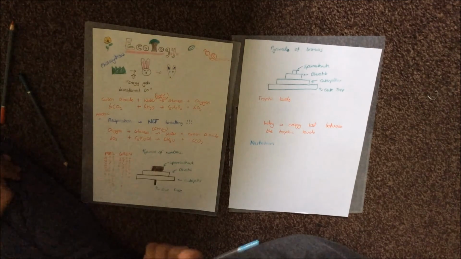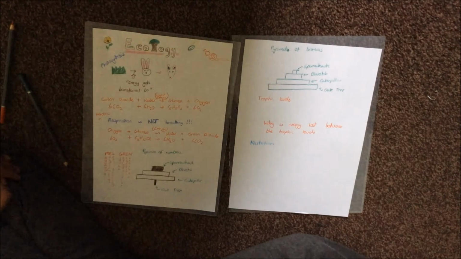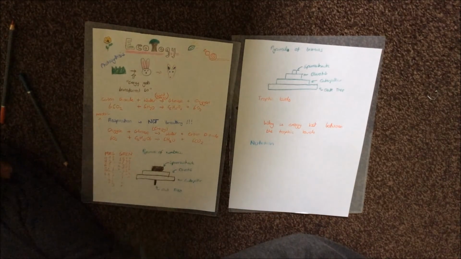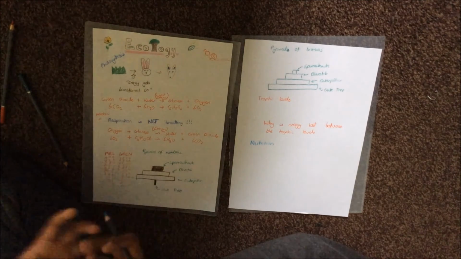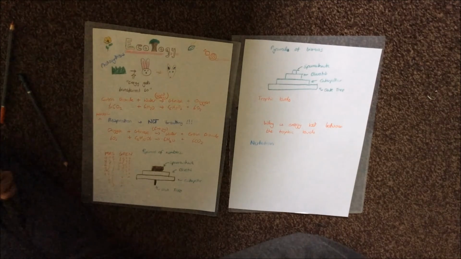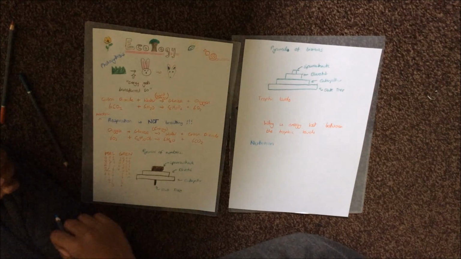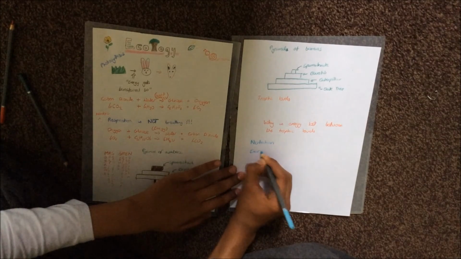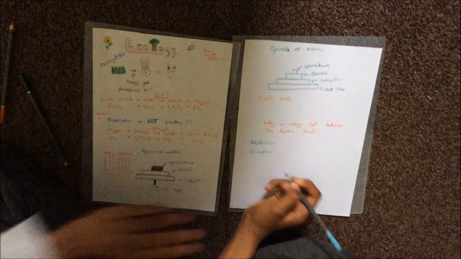Excretion, so urine, feces, both of these things. Excretion is releasing the waste from the organism's body, and the rabbit does use some of the energy it gets from the grass to poop and pee. So excretion is another one.